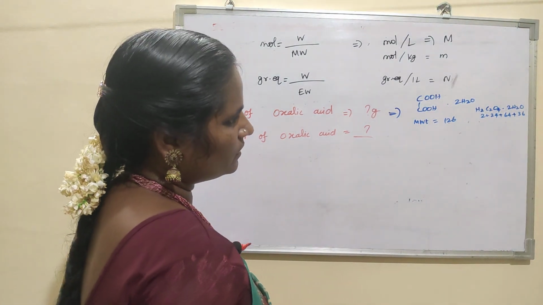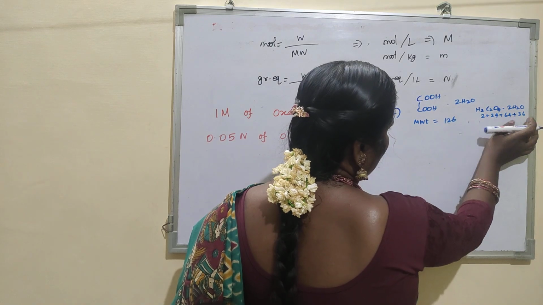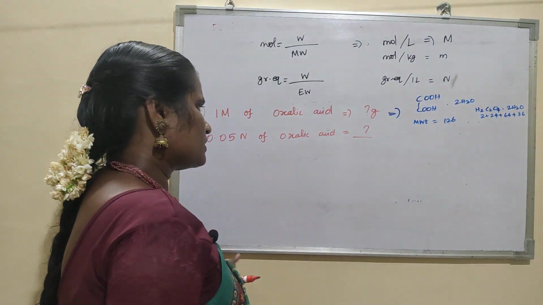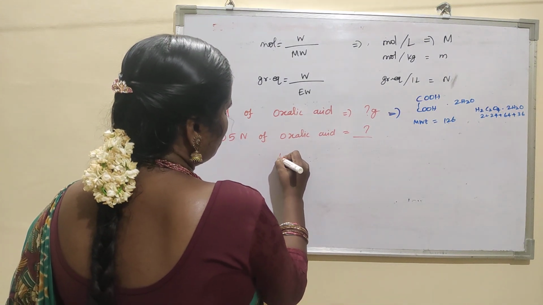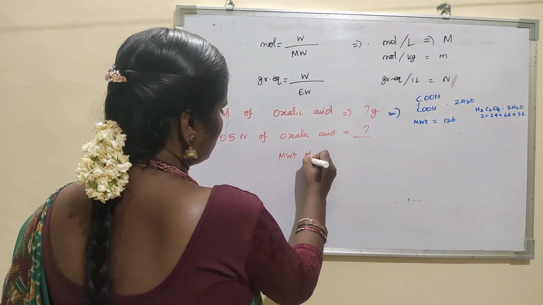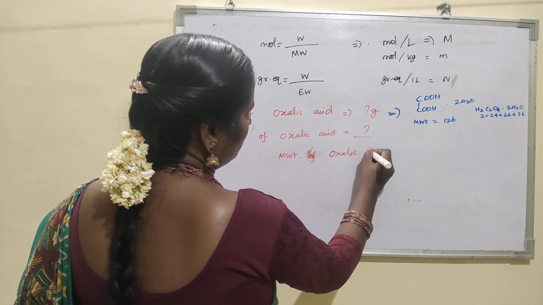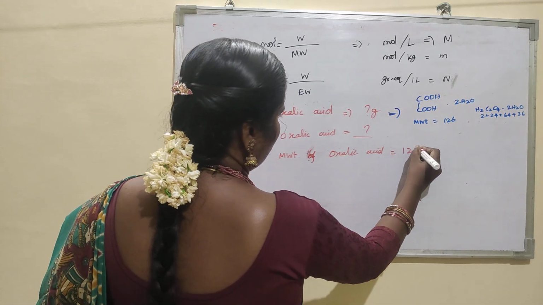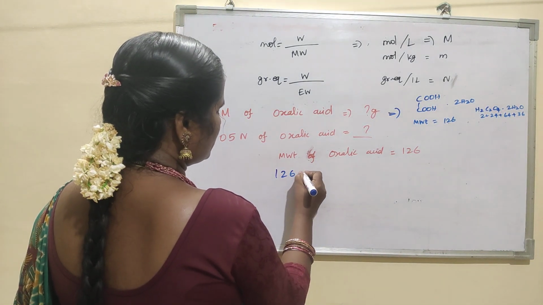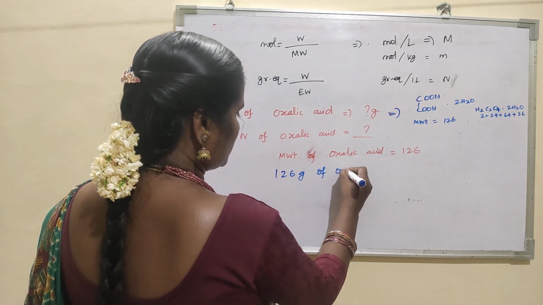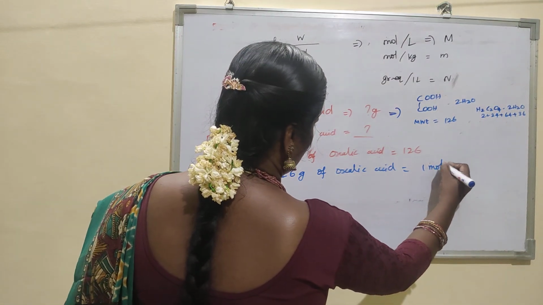If you sum everything, I get 126. So the molecular weight of oxalic acid is 126. If you weigh 126 grams of oxalic acid, that equals 1 mole of oxalic acid.